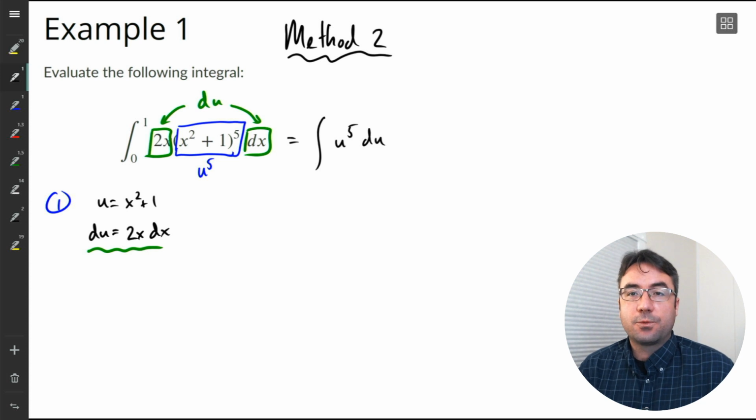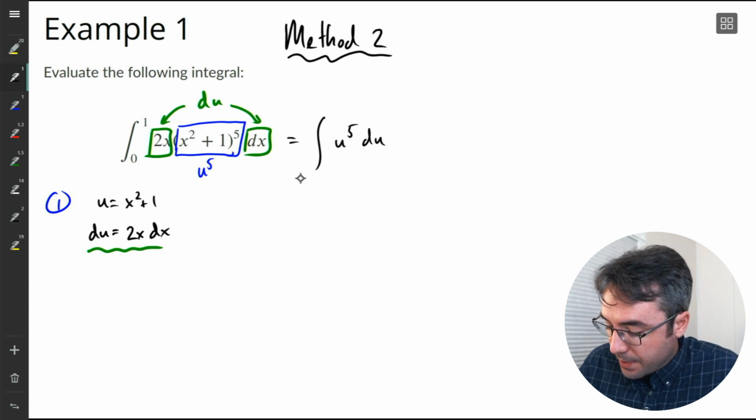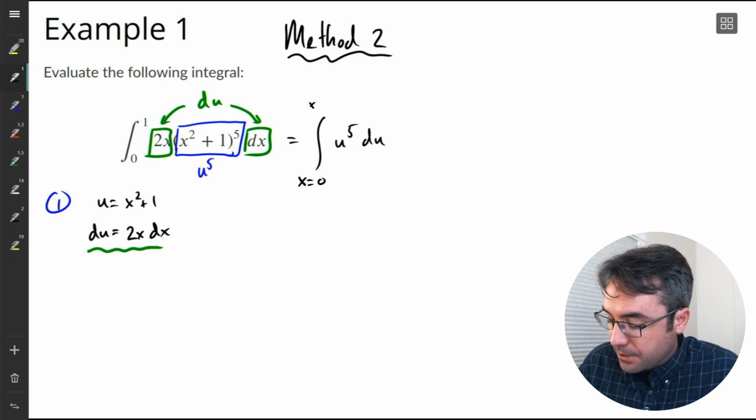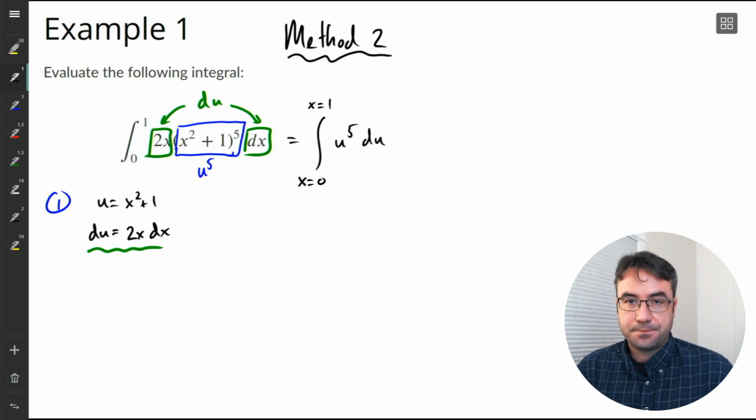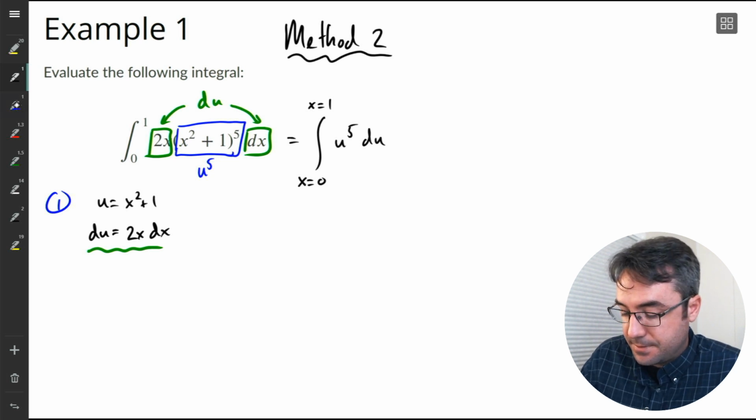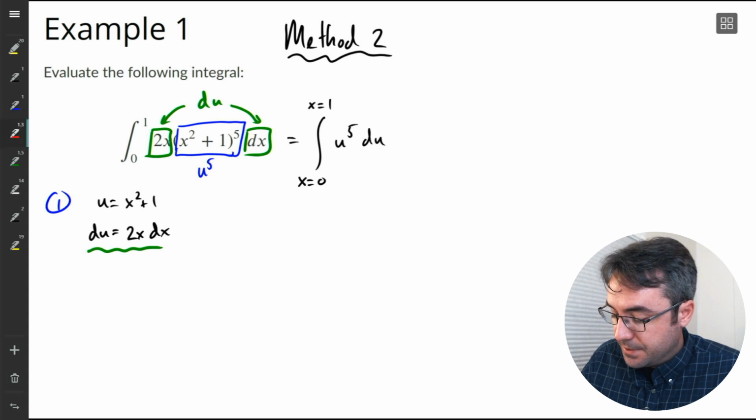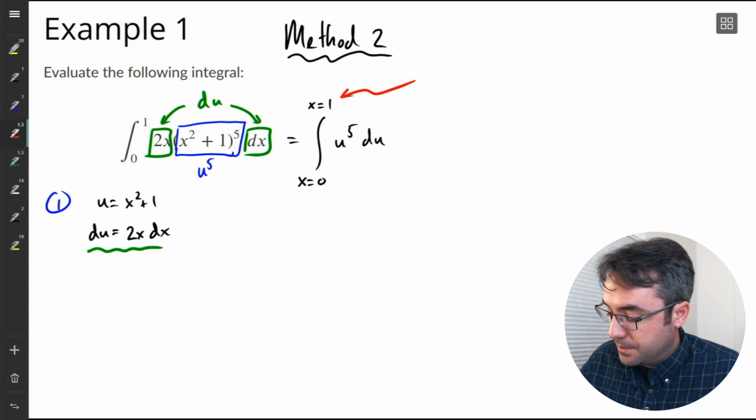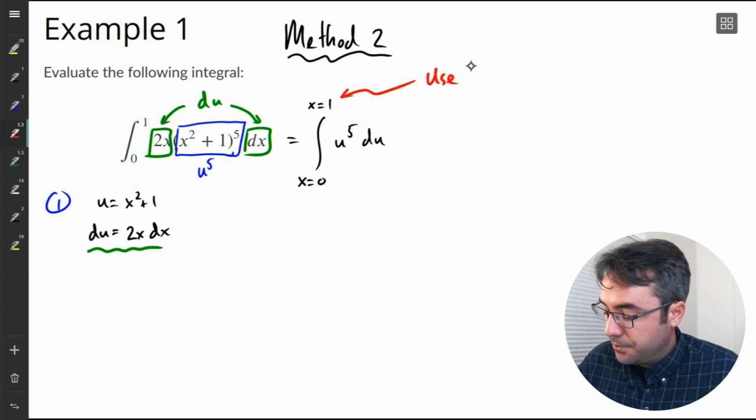And so to really distinguish what we're doing, we're going to write this in the form x equals 0 and x equals 1, just so we remember that we haven't changed the limits of integration. They're still in terms of x. So this is an important note: if you're going to use method 2, we want to use this x equals notation for our limits.